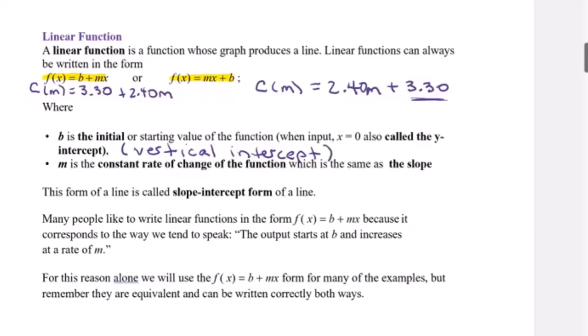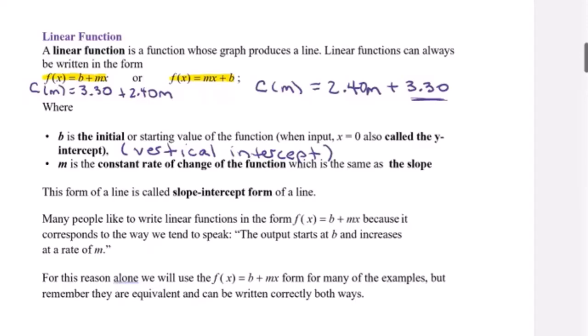Because again, we can call it the y-intercept because it is the vertical line, but here we've called y C of M. So if you see something that says vertical intercept, it is the same as what we would call the y-intercept. We have our M, which is our slope, is the constant rate of change of the function, which is the same as the slope, okay?